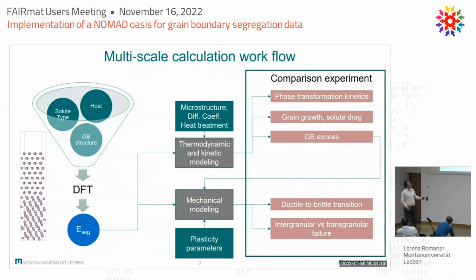And I will show examples on this later. Or an experiment can tell me how many atoms I have on the grain boundary, and other complicated phenomena. So this is where we can really compare with experiment. The segregation energy itself that we get from DFT, we cannot compare directly, right?